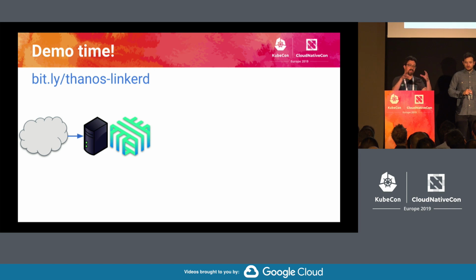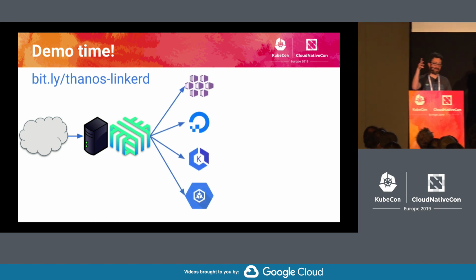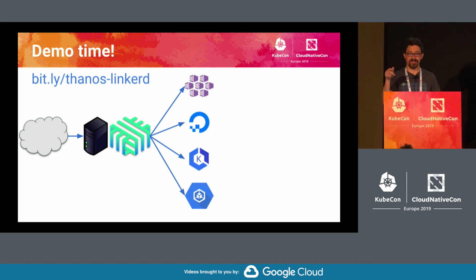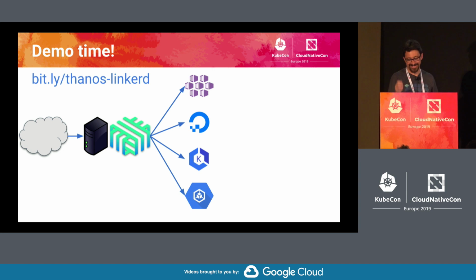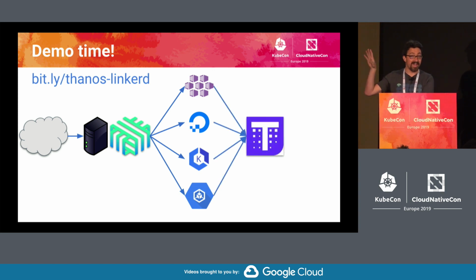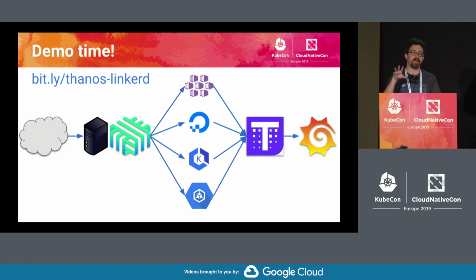Then we're going to take that setup, just a simple client server in Linkerd, and deploy it across 4 different cloud providers: Amazon, DigitalOcean, Microsoft, and Google. And then we're going to roll all of that up into a Thanos query, and we're going to be able to view these metrics in an aggregated way. And then we'll use Grafana to visualize all that data.